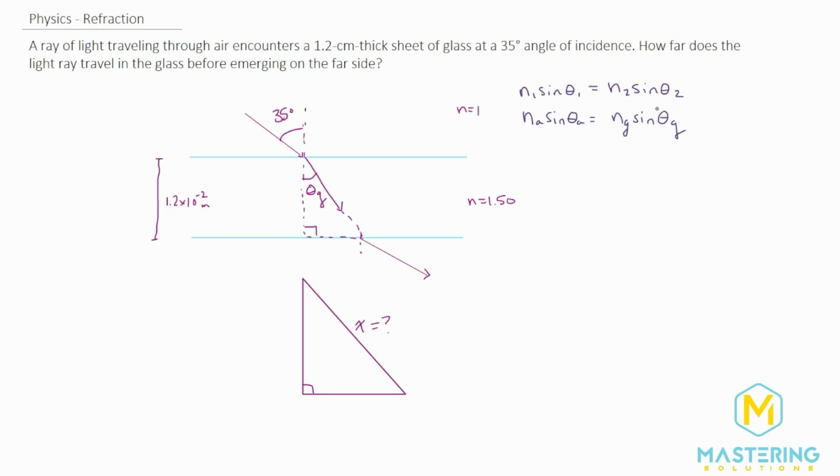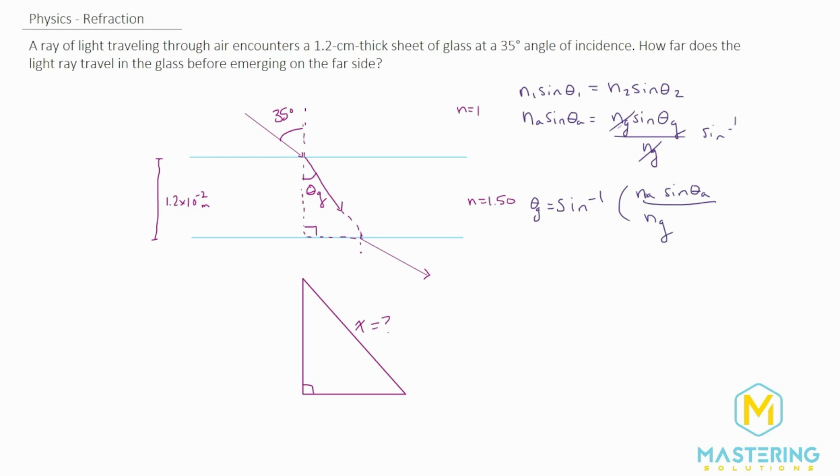And remember, we're trying to solve for this. So if we isolate that, we can do that by dividing both sides by n of the glass, and then we'll take the inverse sine of both sides of the equation. Let's say theta glass is equal to the inverse sine of n of the air times sine of theta in the air divided by n of the glass.